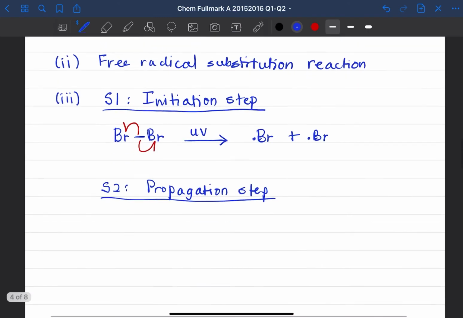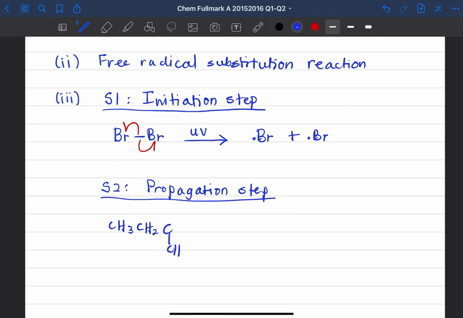So what do we have in the propagation step? We take 2-methylbutane, CH3, CH2, CH3, CH, and we show the bond between carbon and hydrogen that we are going to replace. So this is 2-methylbutane plus the free radical of bromine. The bond between carbon and hydrogen will break symmetrically.